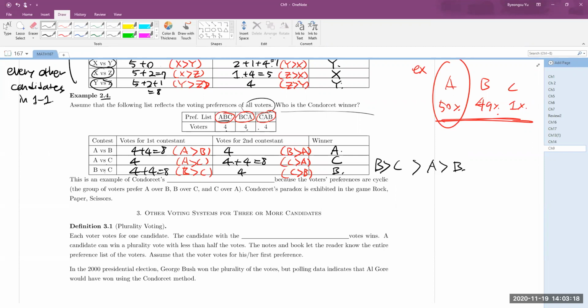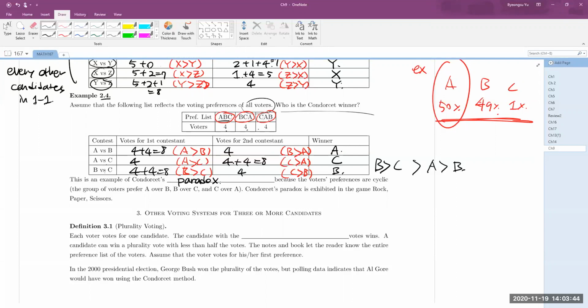So that's the case when the Condorcet method has no winner, and it is called the Condorcet paradox, right? So we just aggregate all possible ranks from the people, but it gives a kind of circular rank. Then in that case, we cannot choose the winner, right?